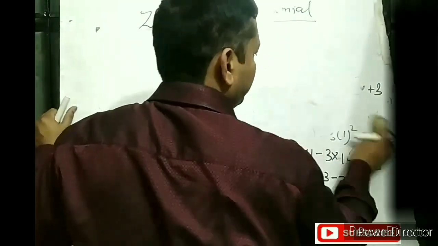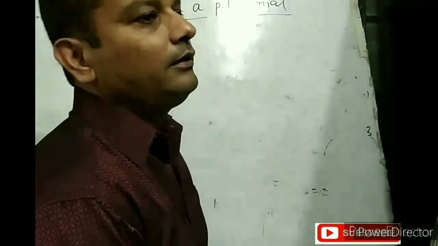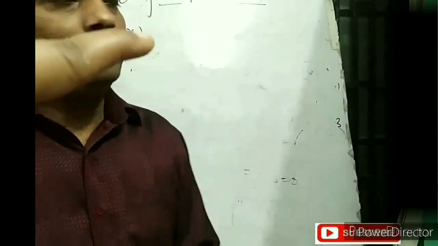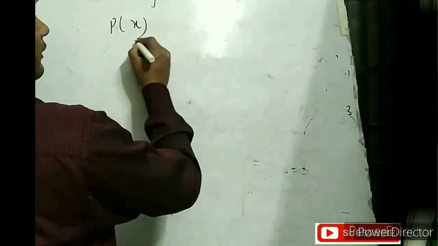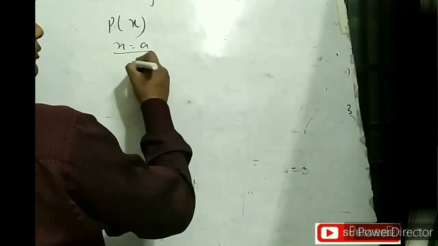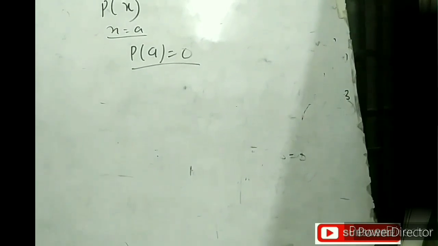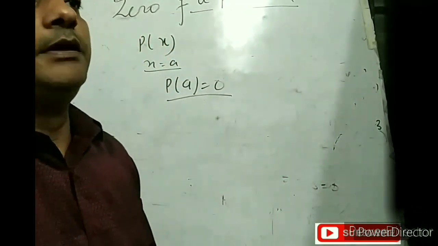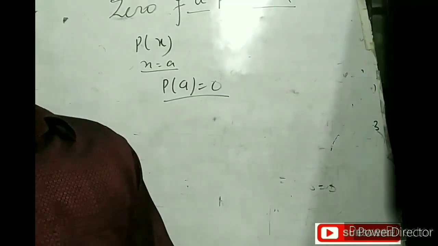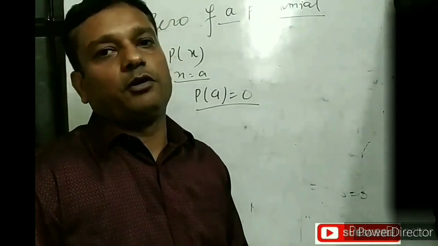If p(x) be any polynomial, and if you put x is equal to a, such that by putting a, p(a) is equal to 0, then it is called the zero of a polynomial. What I mean to say, if p(x) be any polynomial such that p(a) is equal to 0, then x is equal to a is called a zero of the polynomial.